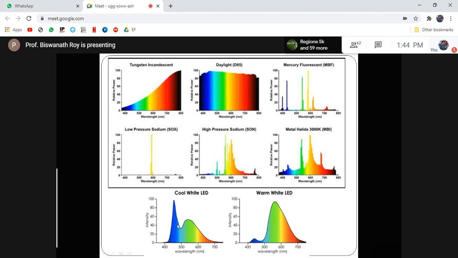That's why the color of this lamp appears as bluish white. On the other hand, the optical emission in the red-yellow portion is more as compared to the blue. That's why the color of this lamp appears yellowish, and we call it warm white.